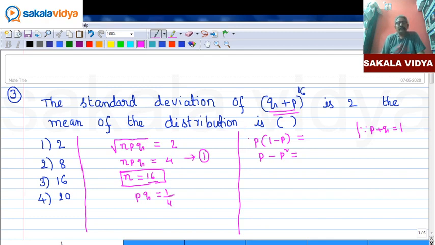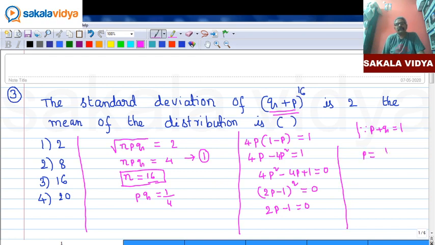So that means 4p into 1 minus p is equal to 1. 4p minus 4p square is equal to 1. 4p square minus 4p plus 1 equals 0. So this is a perfect square. We can write (2p minus 1) whole square is equal to 0. So 2p minus 1 is equal to 0. So p equals 1 by 2.